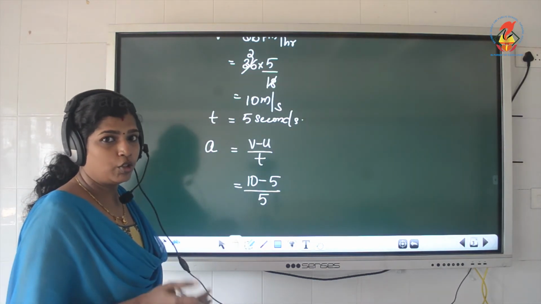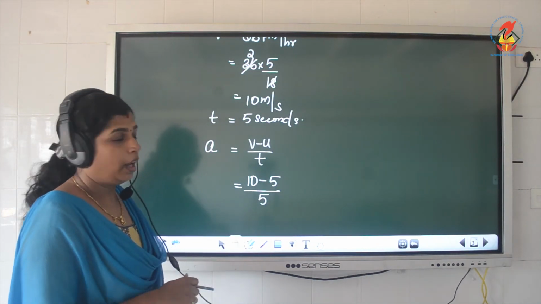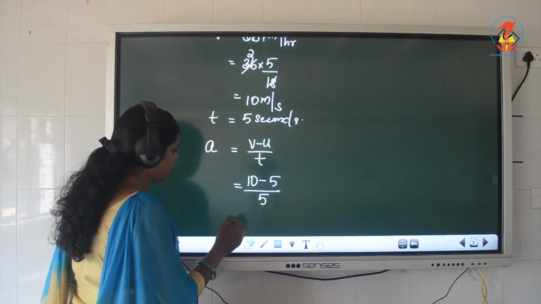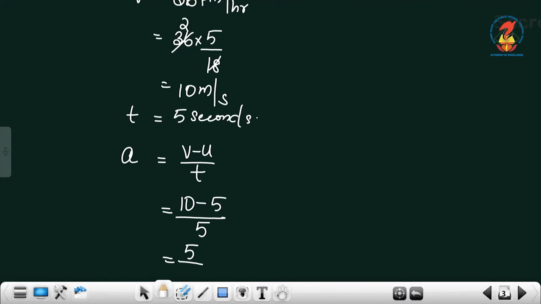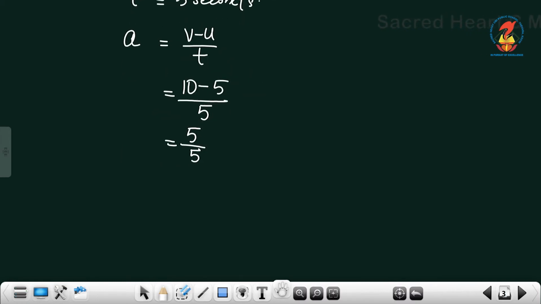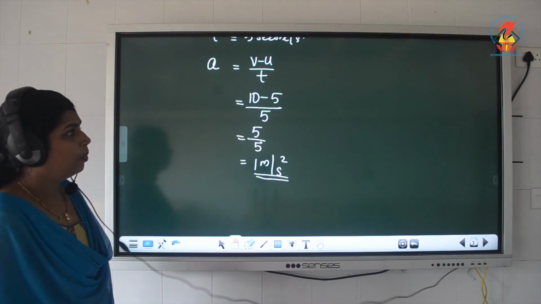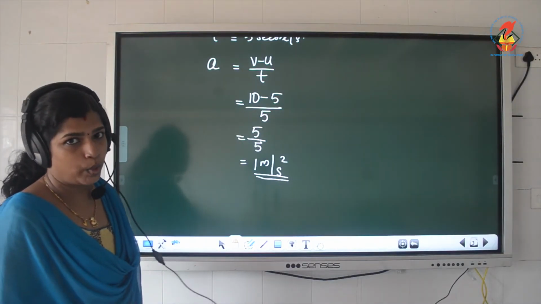First do the calculation in the numerator. That is 10 minus 5. So you will get the answer as 5 by 5, that is equal to 1 meter per second square. So acceleration you got it as 1 meter per second square.